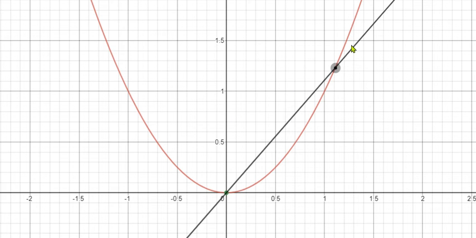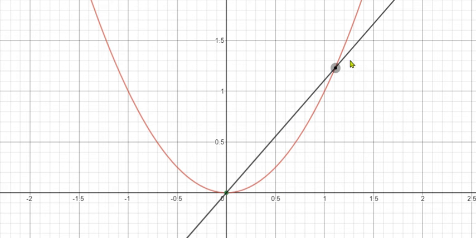So if this is f of x, the red function, then the green point, I'll call it point P. And this black point here, let's call it point Q. Now, this line here, this black line, is called the secant line. But we want to solve the slope of the tangent line.